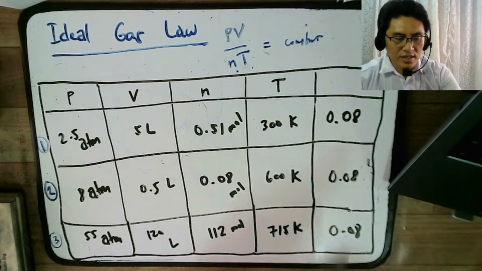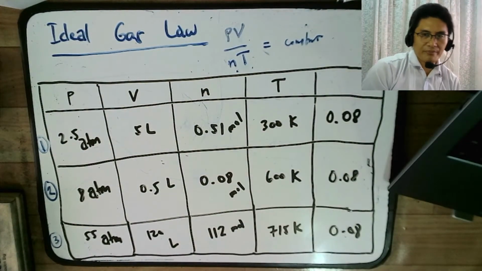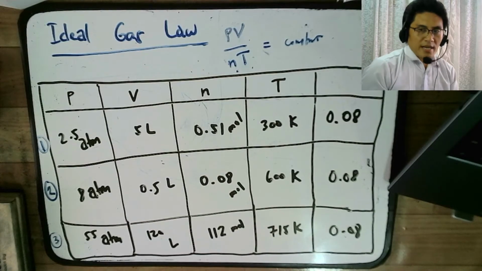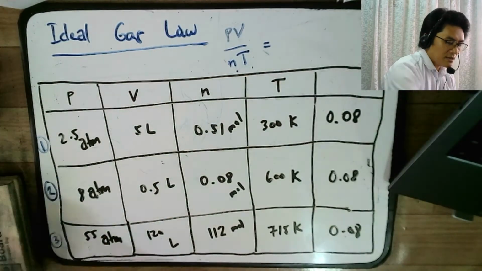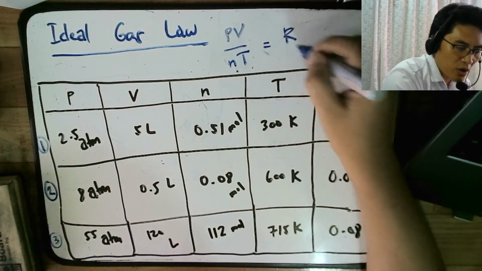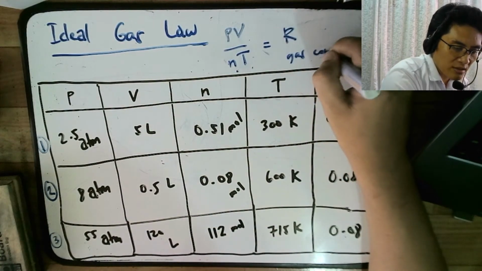Okay? And this constant seems to be 0.08, right? So scientists noticed this pattern and they said, okay, let's invent then a constant. We call this a gas constant.